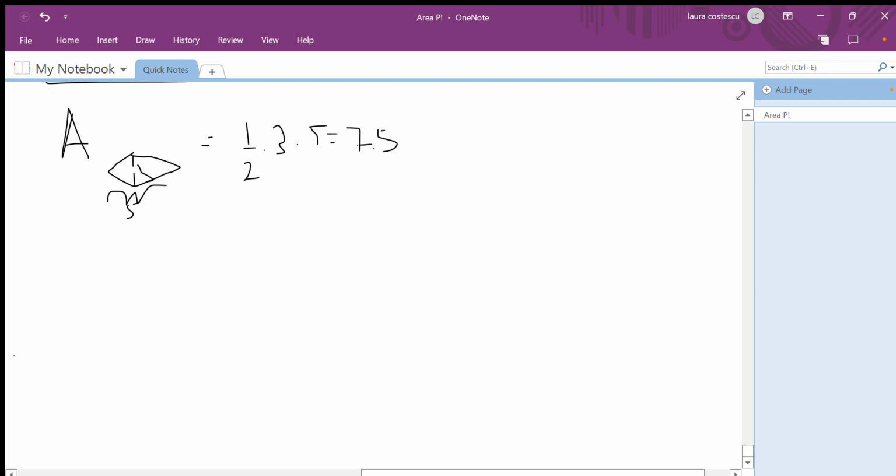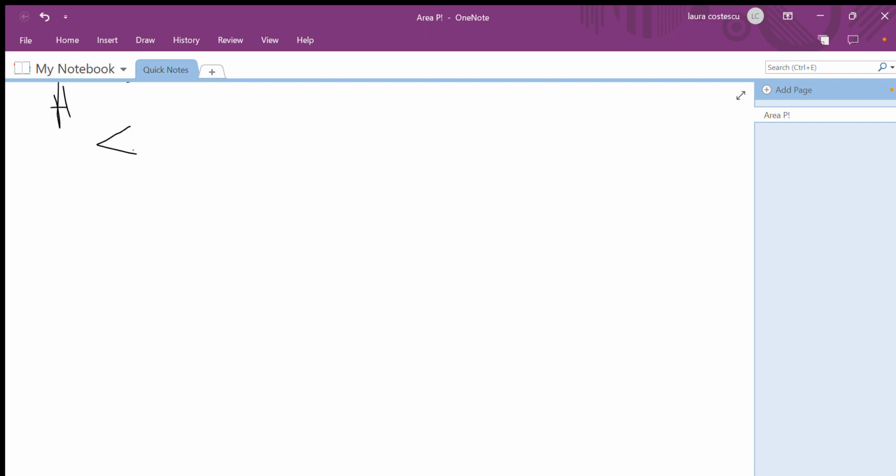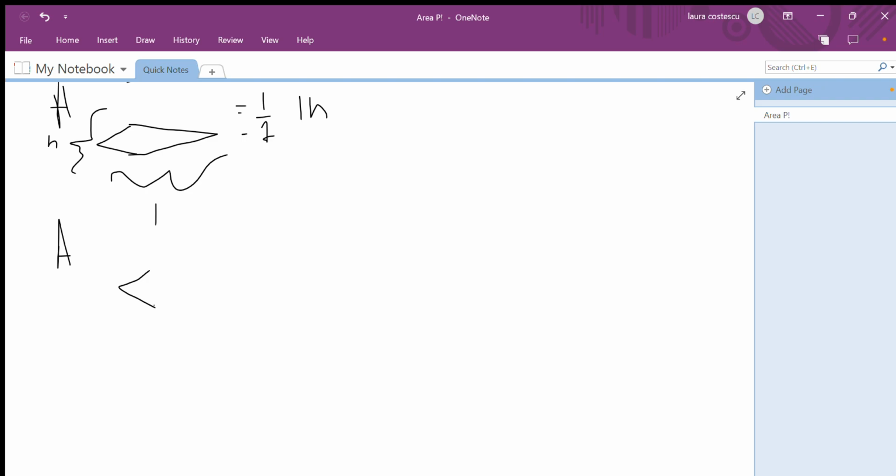Now a very similar one is the area of kites. Well, it's the same thing actually. It's 1/2 times the length times the height. Let's say this is the length and this one is the height. For practice sake, let's do this. Give me the area. Wait, let me do this here.